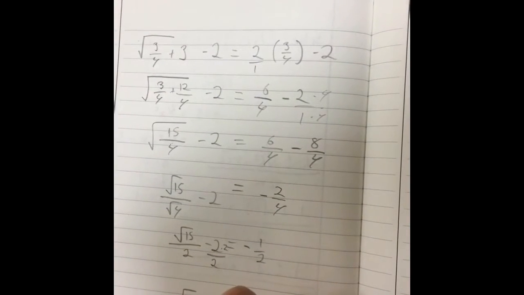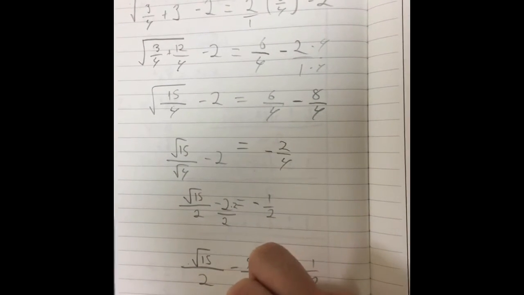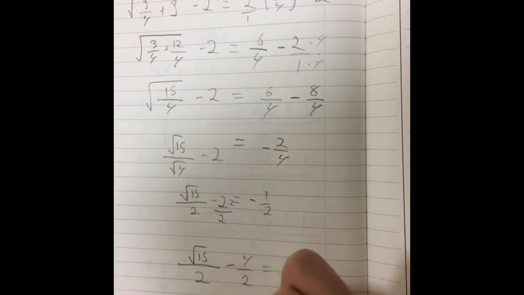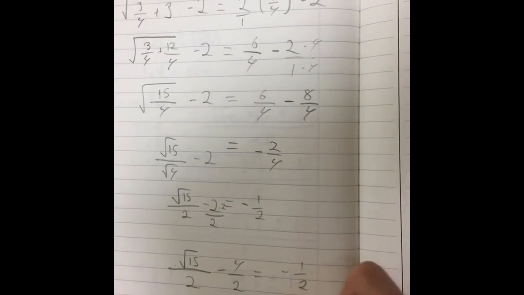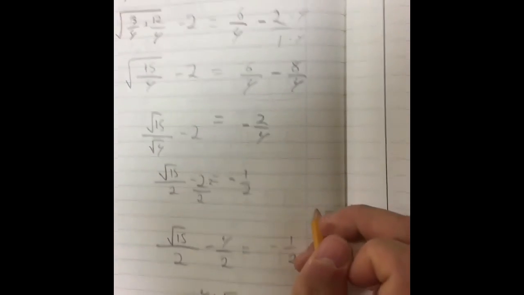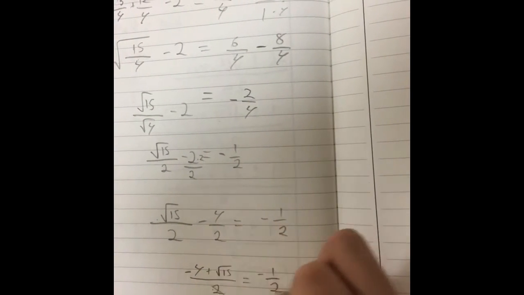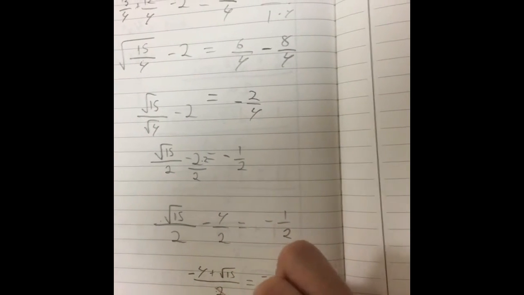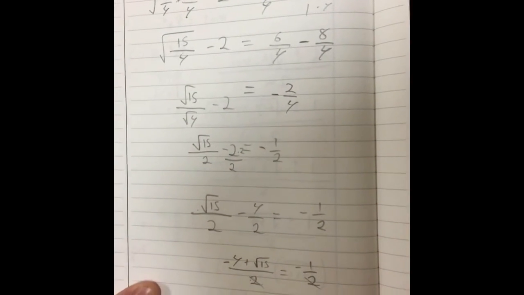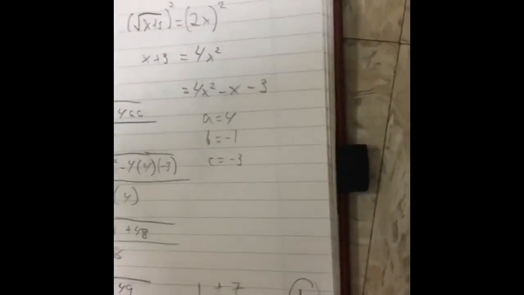And now we can solve this here. So negative 4 plus square root of 15, over 2, is going to equal negative 1/2. And you'll definitely see that this is not correct. We can take these off, so we'll see negative 4 plus square root of 15. And this answer does not equal negative 1. So our only answer is going to be 1, and that's it.